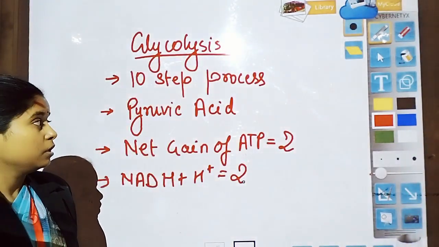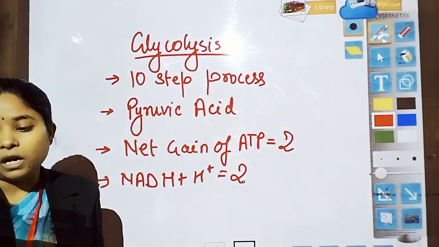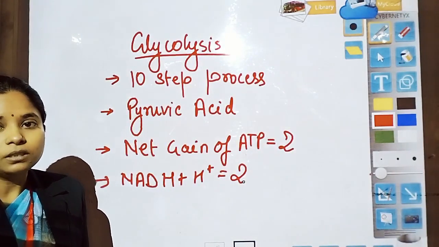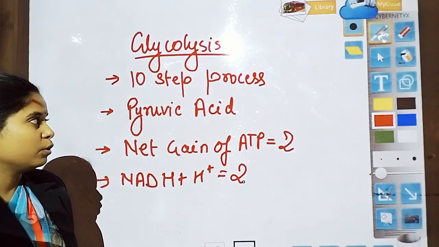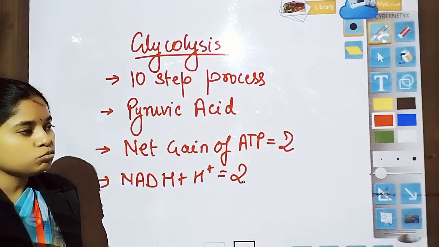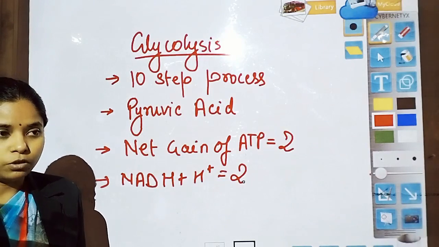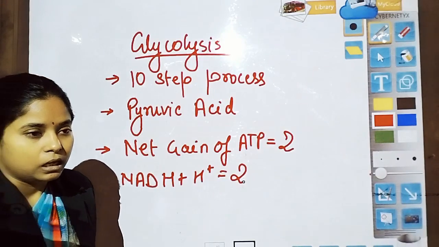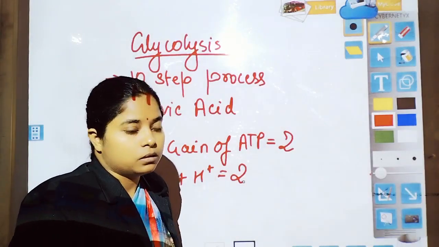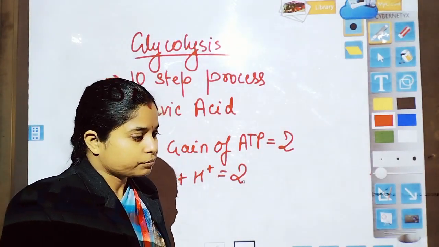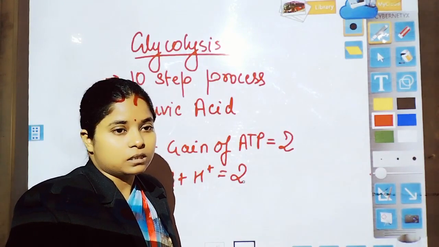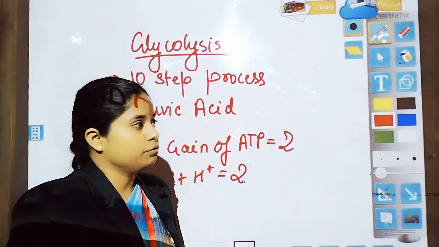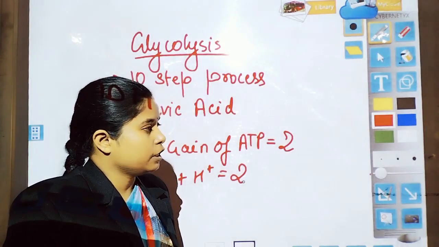Glycolysis is a partial combustion of carbohydrate. In the partial combustion of carbohydrate, there is no decarboxylation process. That means no carbon dioxide is released.